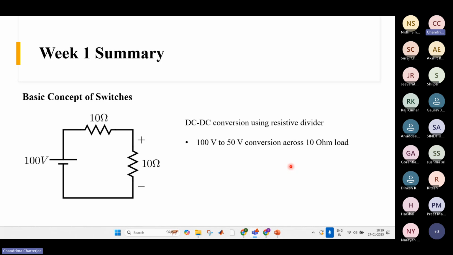If you talk of an electrical circuit, 50% efficiency is not at all a good efficiency value. So if you use this kind of resistive divider circuit, that is the problem: some amount of power you will have to sacrifice in the process to get a lower amount of voltage across your load, right?